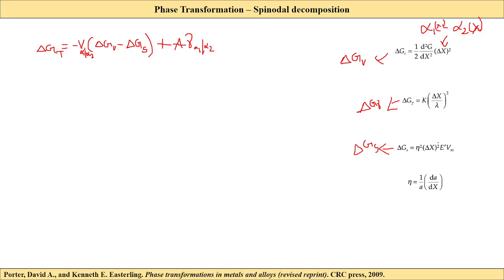So that is my wavelength. If I have a certain wave and I measure the distance between two maxima or two minima, that gives me my wavelength. That means it's more like the thickness of alpha 1 and alpha 2. Right, the thickness of both alpha 1 and alpha 2. That is my wavelength.